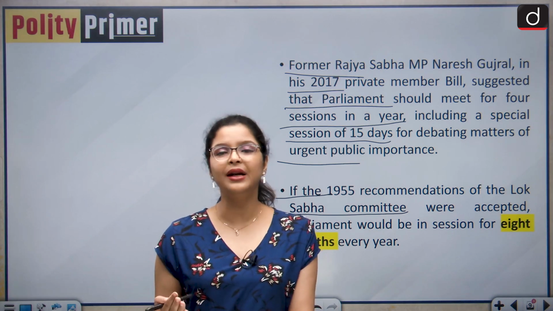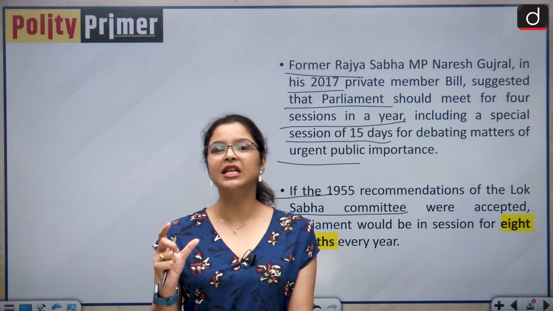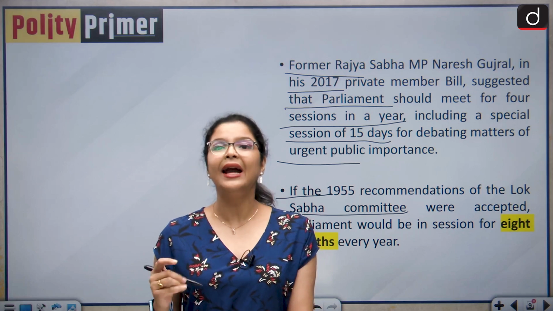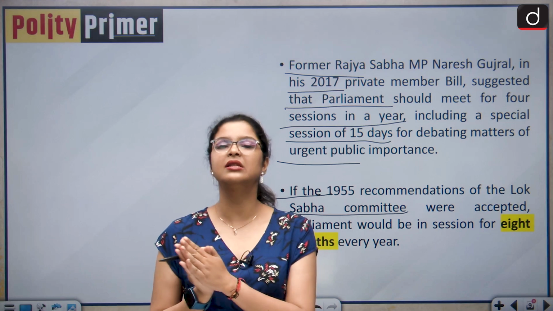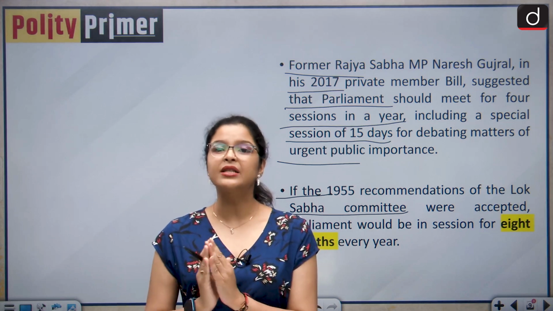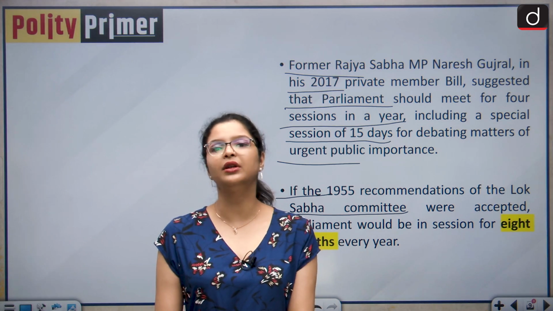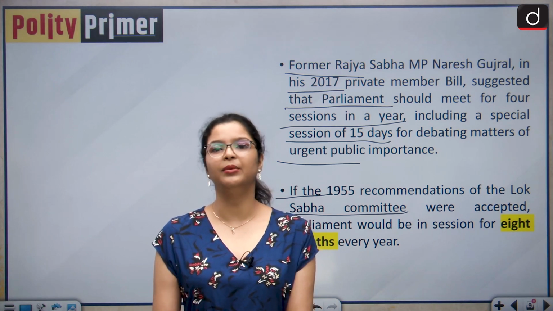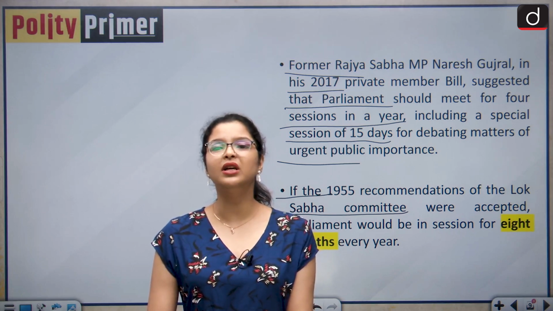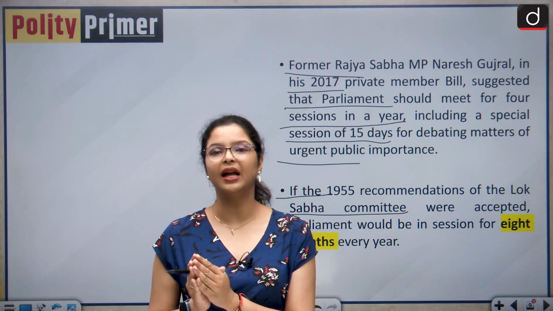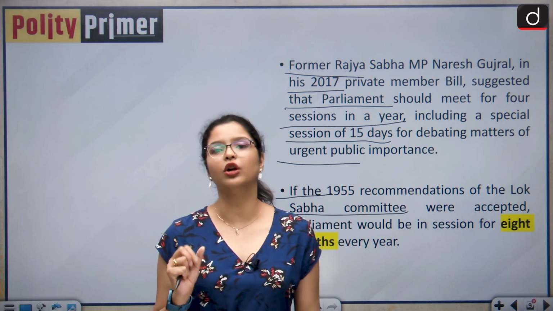If these recommendations were accepted, the Parliament would be in session for 8 months in a year, and that would be very significant to conduct the business properly and to have the maximum output from these sessions. But this is not happening and the number of working days of the Indian Parliament has significantly decreased. Now let us understand the special session of the Parliament, and whether our Indian Constitution mentions it or not.